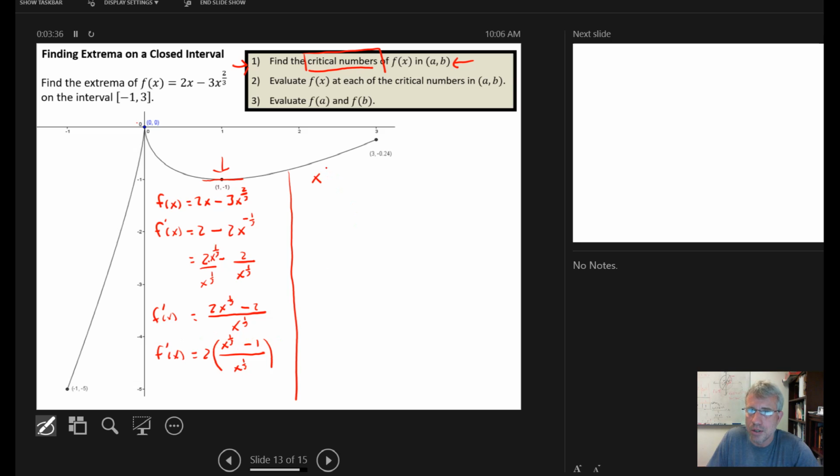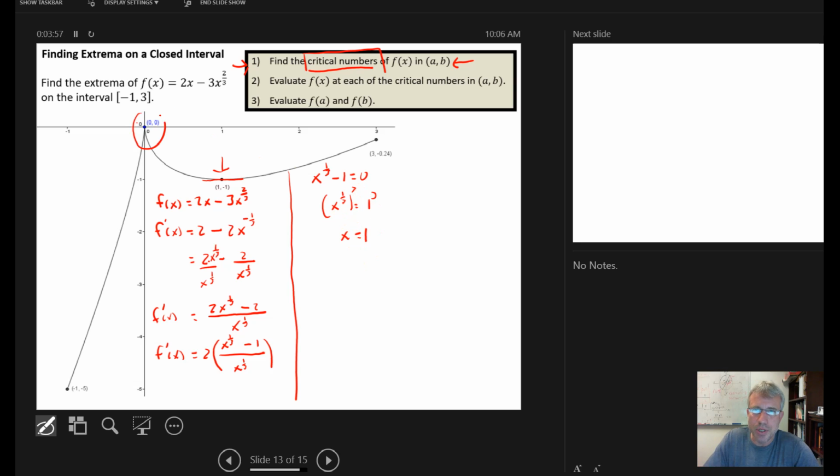So first I set the numerator equal to 0 and solve for x. I get x to the 1/3 equals 1. So I need to cube both sides. 1/3 times 3 is 1. X to the first is x, so I get x equals 1 as a critical number.